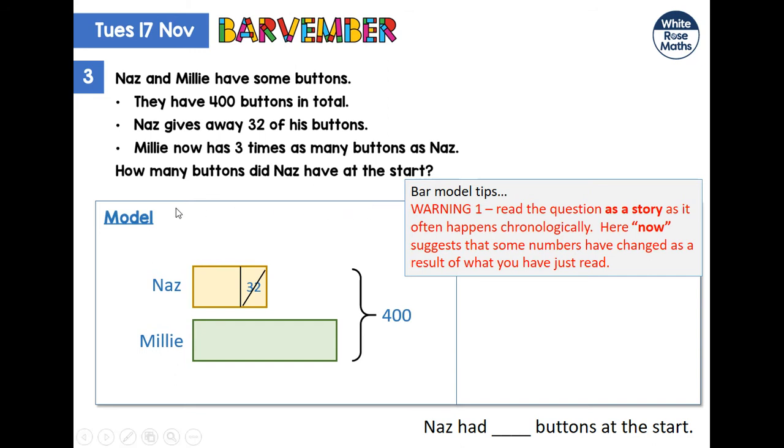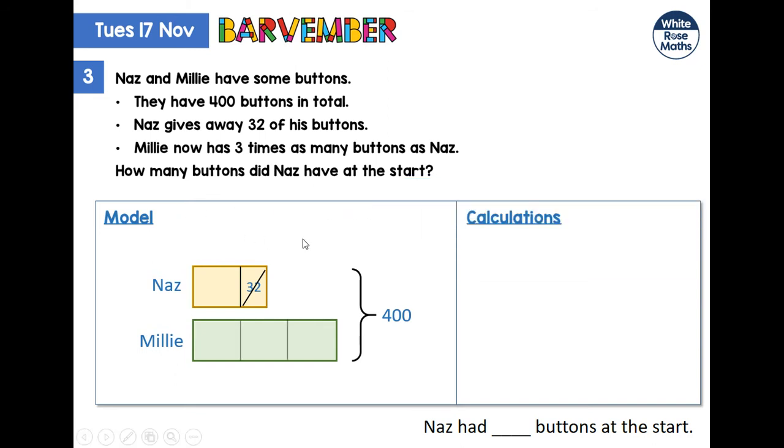Okay, so we can now finish our picture model that Millie has 3 times as many buttons as Naz, not 3 times as many buttons as Naz had originally, but 3 times as many as Naz had, having given away the 32.